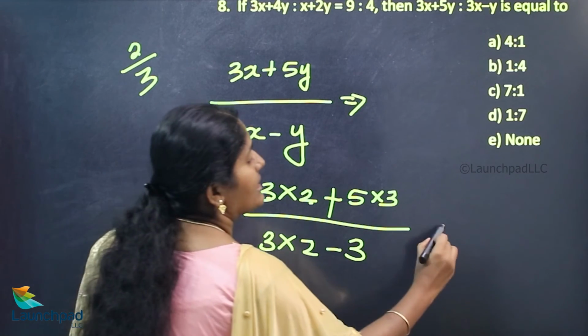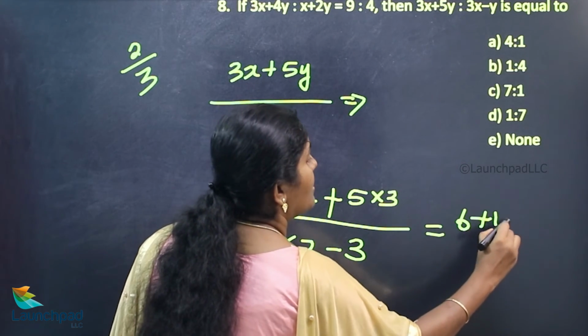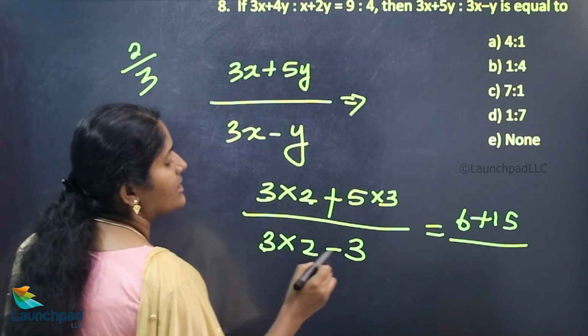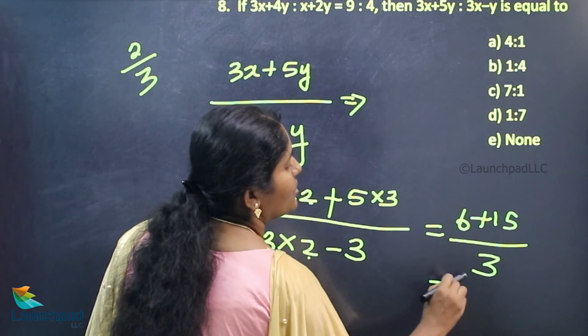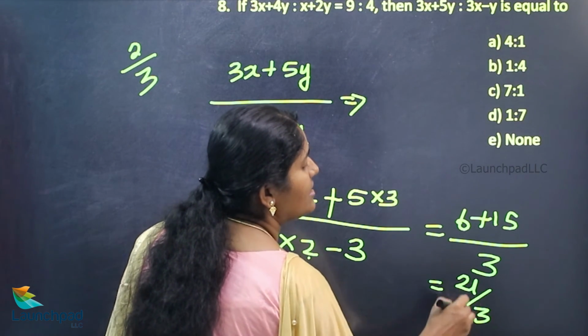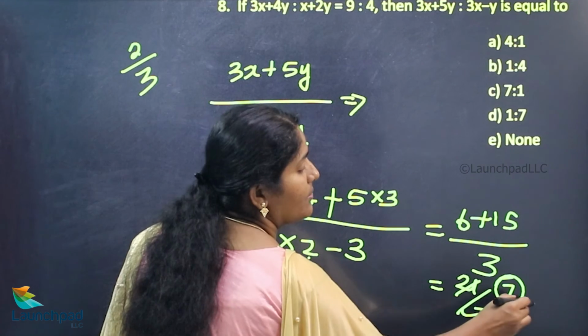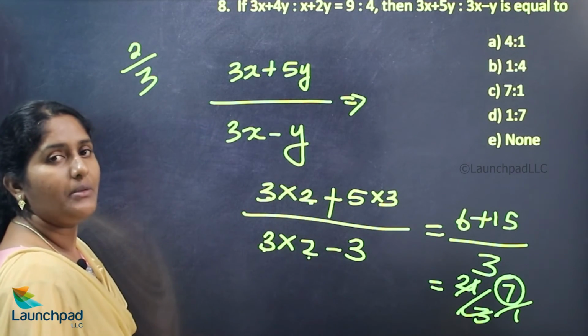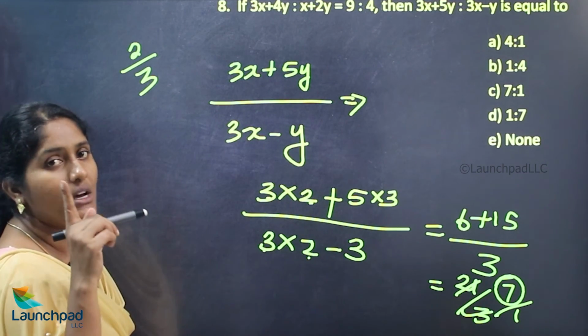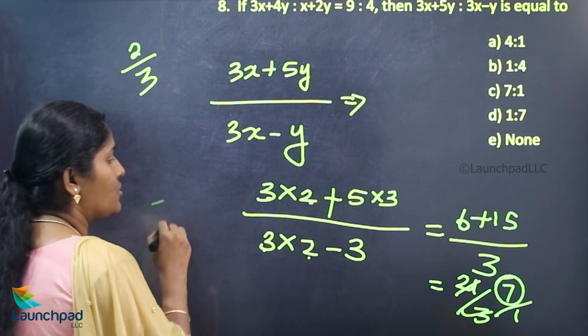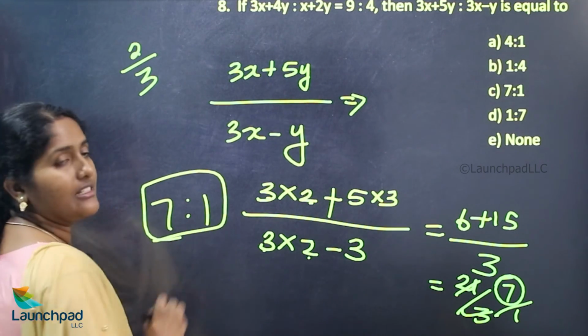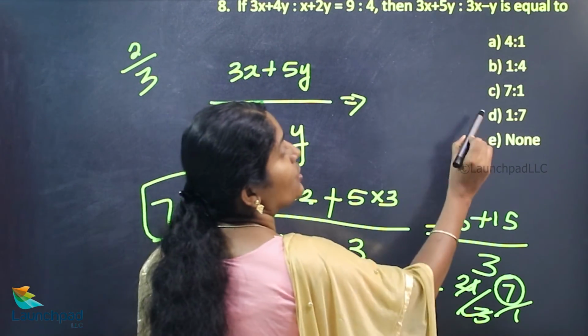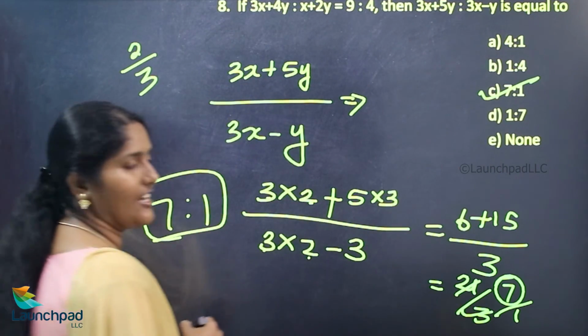So 3 2s are 6 plus 15 divided by 3 2s are 6 minus 3 is 3. So 21 divided by 3, 7 3s are 21, by 1. The denominator should have the value 1. So 7 is to 1 is the correct answer. Hence your option C is the correct answer.